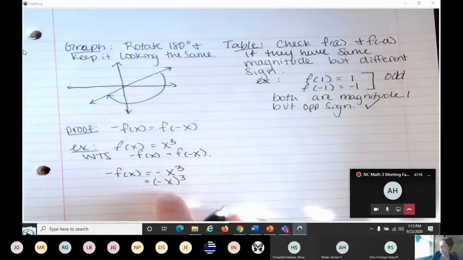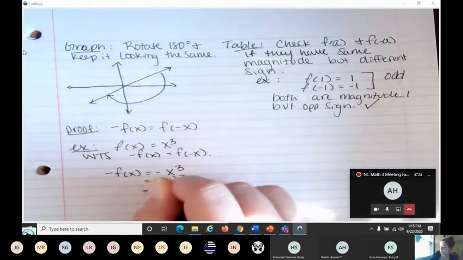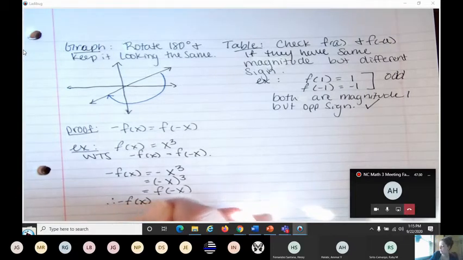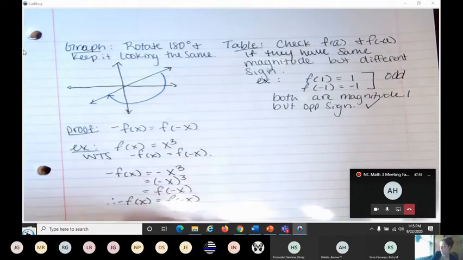But all I did was change the inside, so it's now negative. So this is f of negative x. So therefore, we have that negative f of x is equal to f of negative x. And f of x is odd.